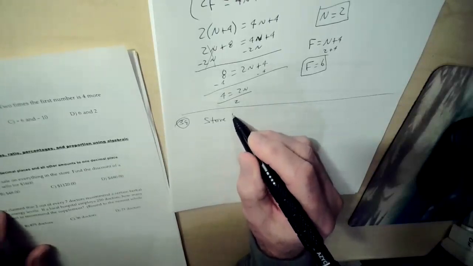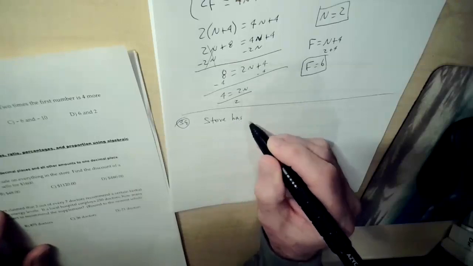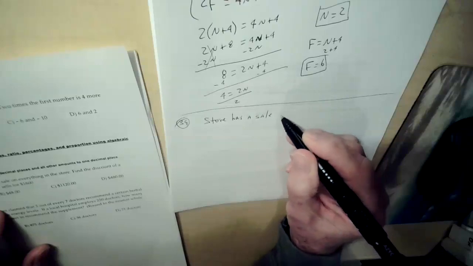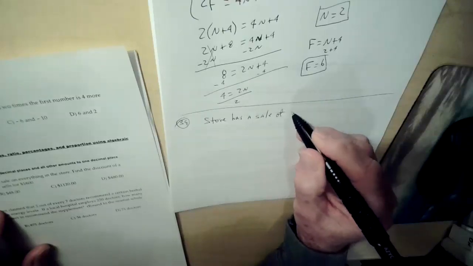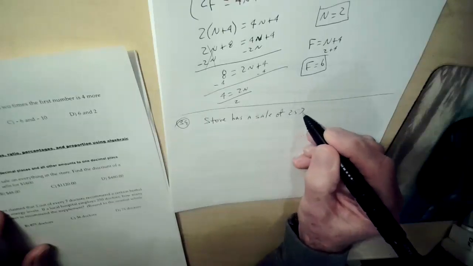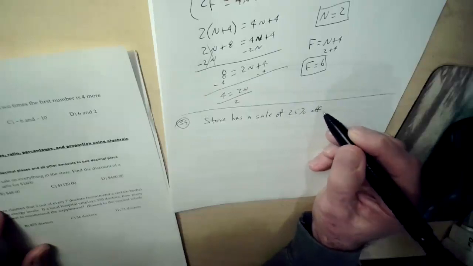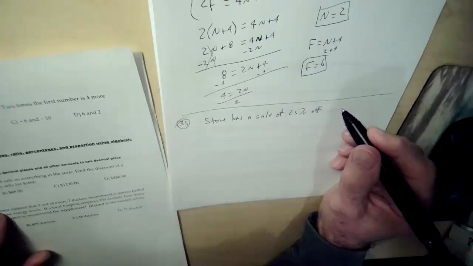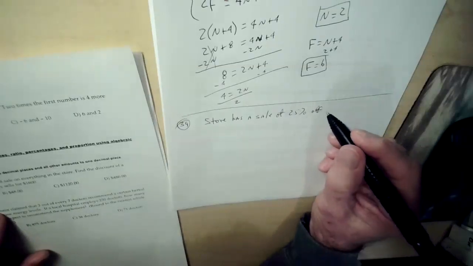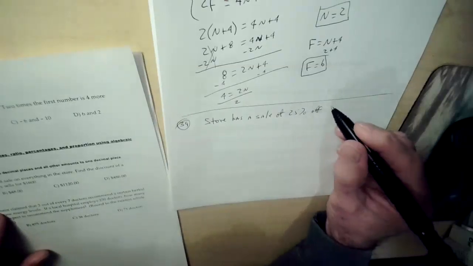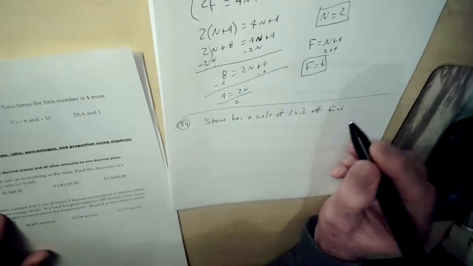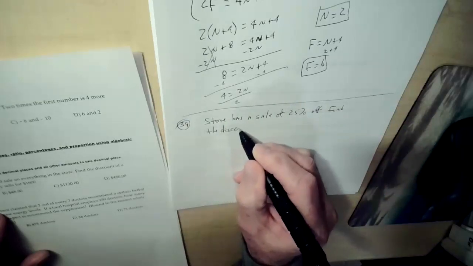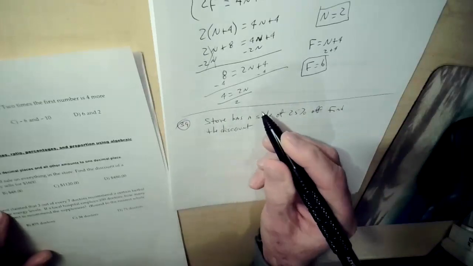Okay. 39 is solve the problem. If a store has a sale of 25% off everything, find the discount.